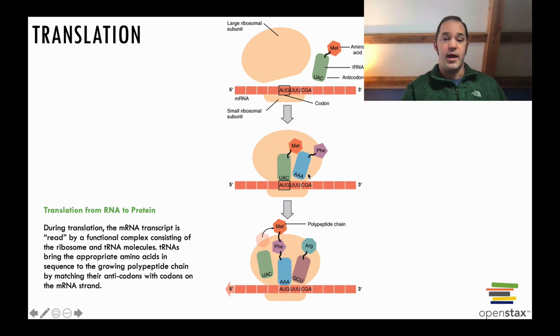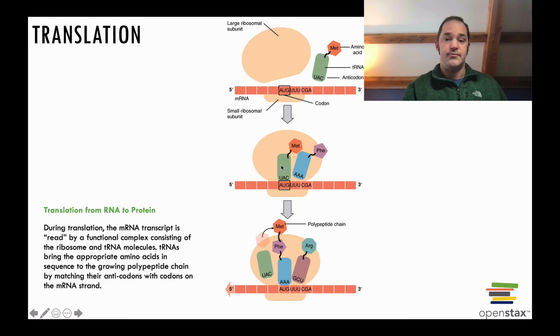So the ribosome will assemble, slide down the RNA molecule and read the different codons, and then a complementary transfer RNA molecule, carrying what's called an anticodon, or complementary sequence to that codon, will assemble within the ribosome.